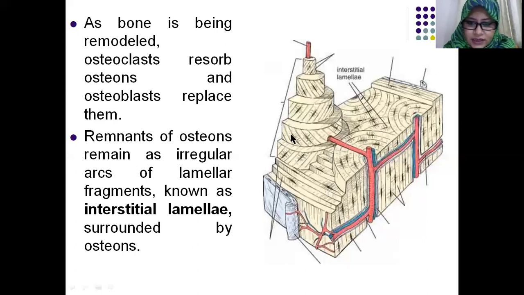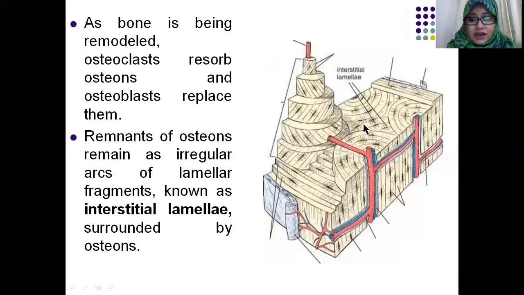We can see these are osteons or Haversian systems, and between two Haversian systems there is another type of lamella present, known as interstitial lamella.